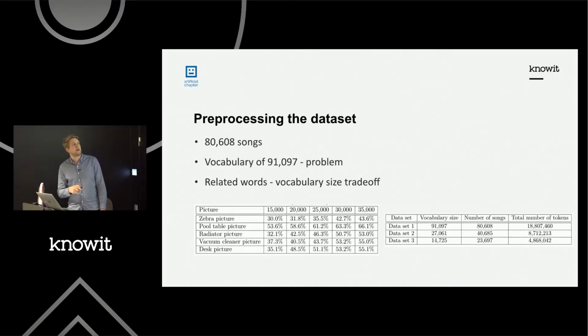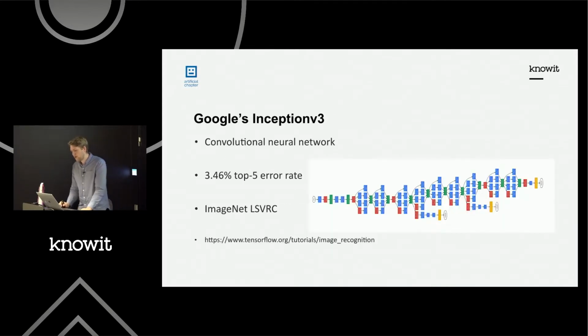So from here, I saw that a vocabulary size of 30,000 is probably fine. Just why not? Yeah. And then I ended up with these 3 data sets here. And at the very end, I just used data set 2, which is going to be the data set from now on.